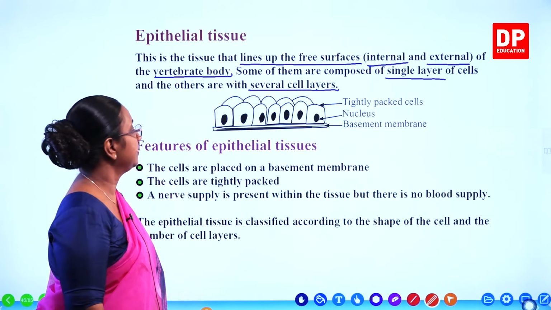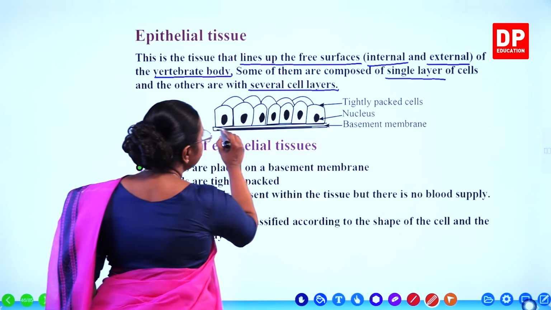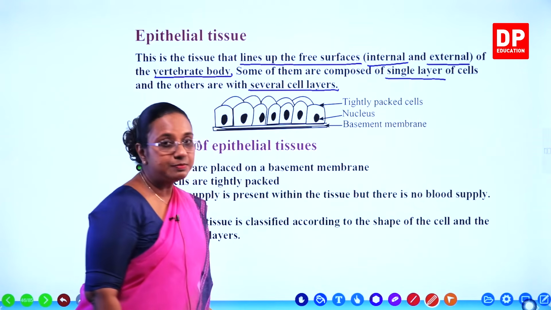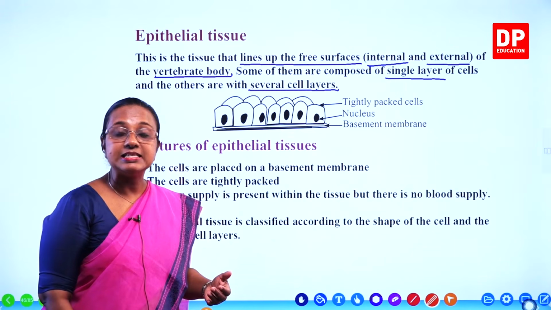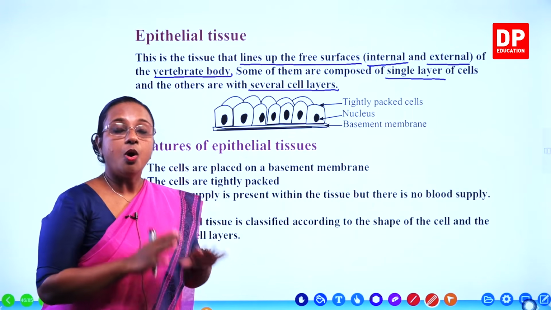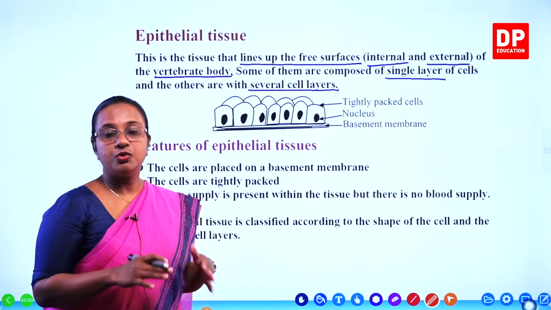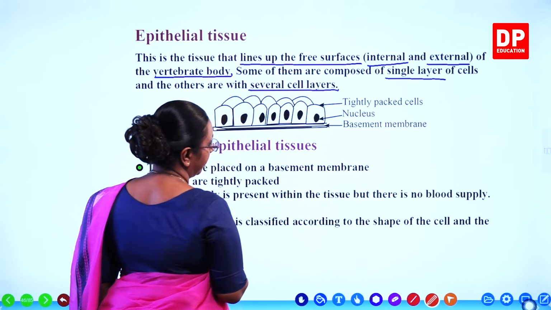A special feature of this tissue is that there is this membrane, which is called the basement membrane, or can be called the basal membrane. Always the layers of epithelial tissue are arranged on this basement membrane.